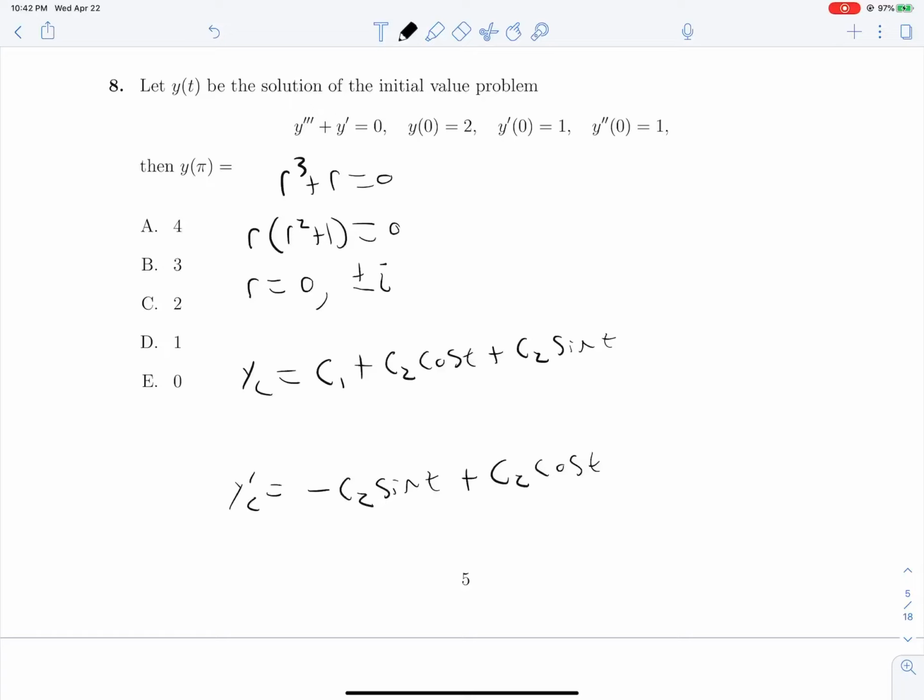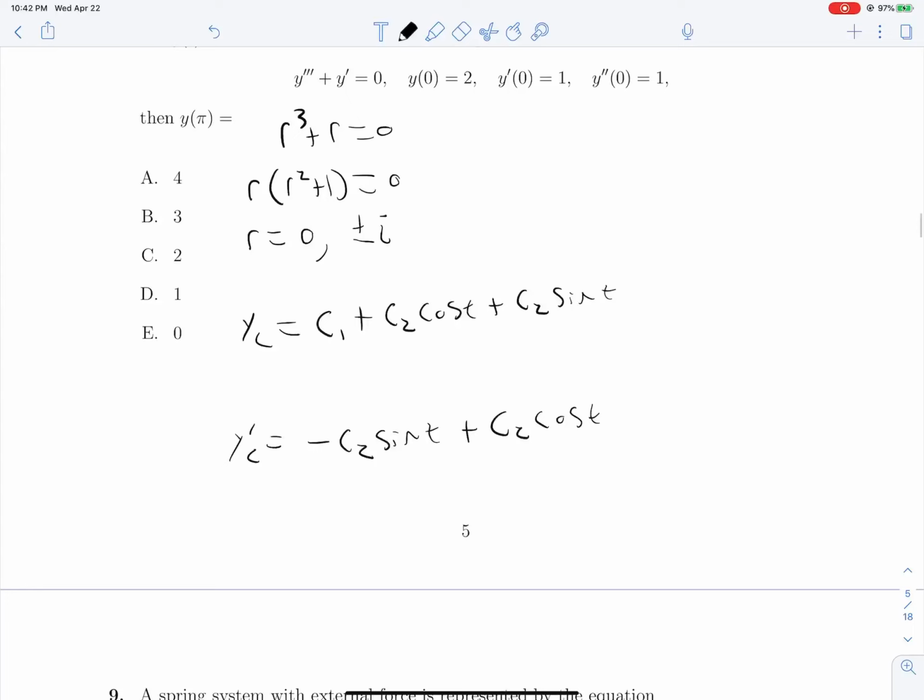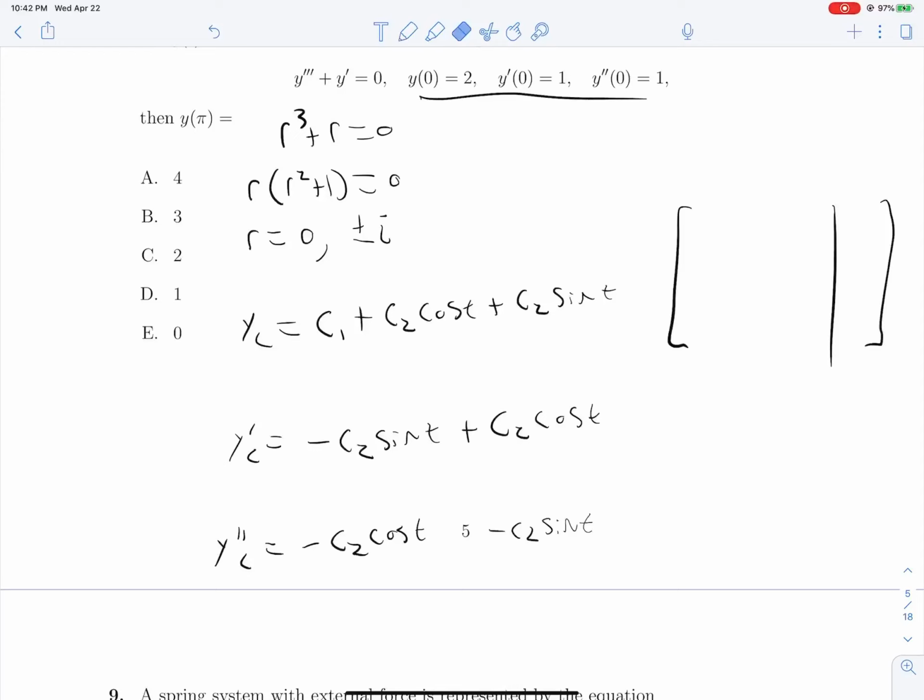And it looks like we're going to have to take a second derivative too. Y double prime for our characteristic solution will be negative c2 cosine t minus c3 sine of t. So we can make a nice matrix out of this with our initial conditions.